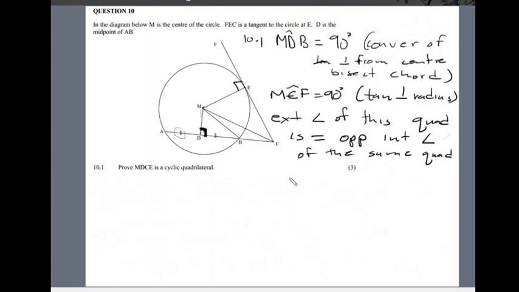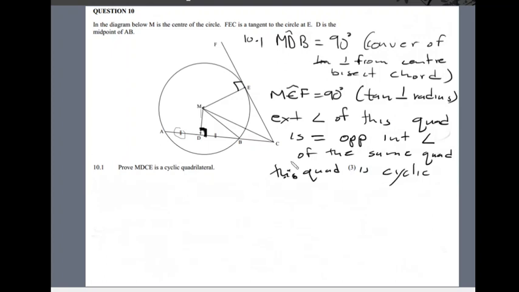Therefore, this quad is a cyclic quad, right? And then I get my 3 marks.